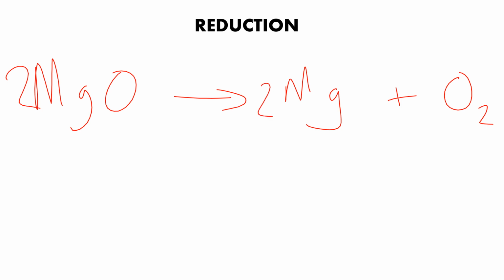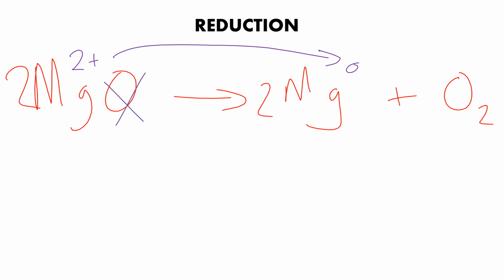So here, the magnesium starts out as a +2 ion, ends up as 0. The magnesium has been reduced. The magnesium ion has been reduced to magnesium metal. It's gone down in oxidation number. It's lost oxygen.